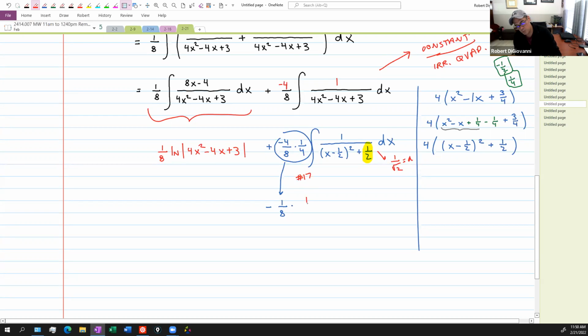So formula 17 is 1/a inverse tangent of u, but for us, u is the x minus a half over a, which is 1/√2, plus c.